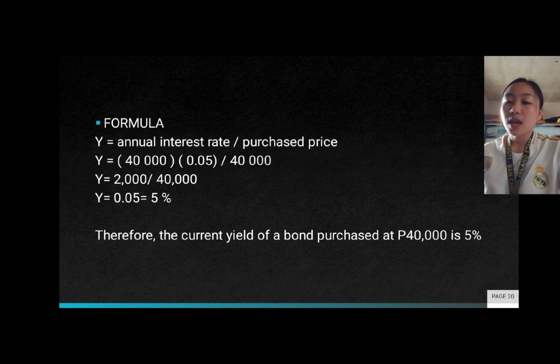So 40,000 times 0.05 is equal to 2,000 over 40,000. Y is equal to 0.05 or 5%. Therefore, the current yield of a bond purchased at 40,000 pesos is 5%.